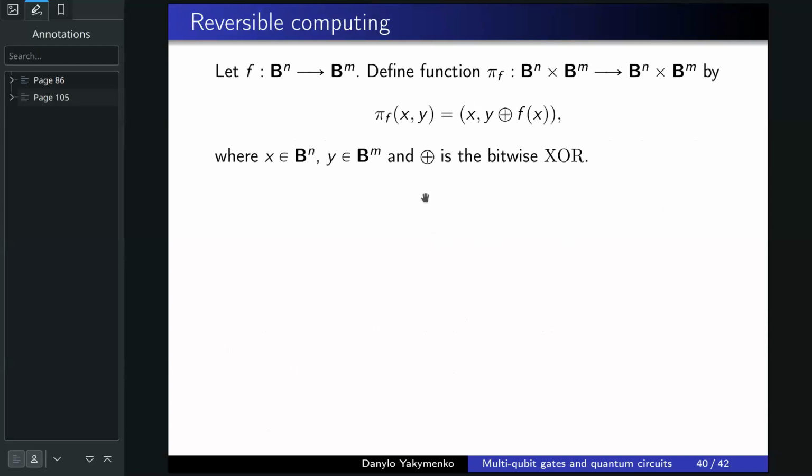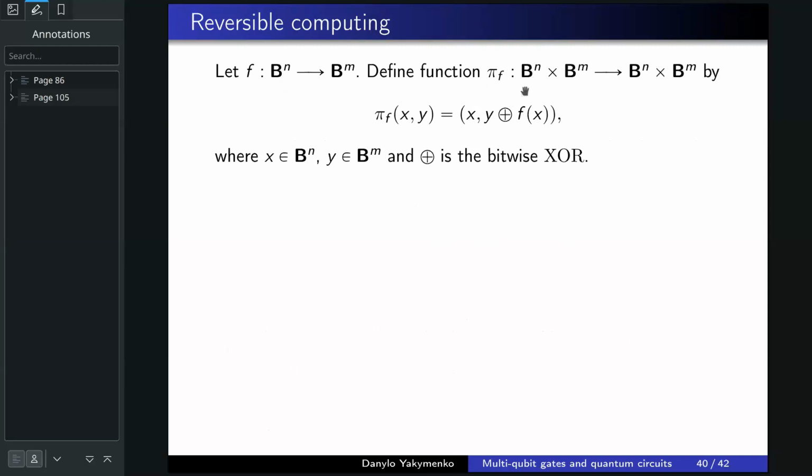What we do is the following. Suppose there is some function f from n-bit strings to m-bit strings. We define the function P_f that acts on a Cartesian product of these two sets.